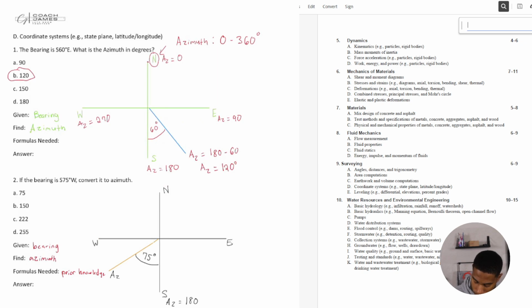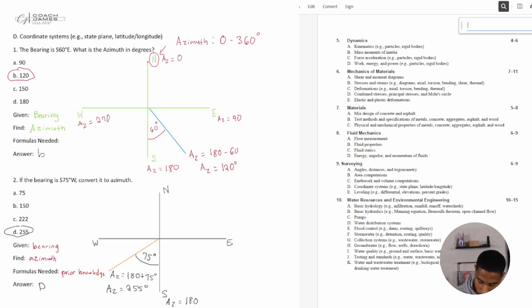So azimuth is equal to 180 plus 75 degrees. I plug that in, and I get my azimuth to be 255 degrees, or D.